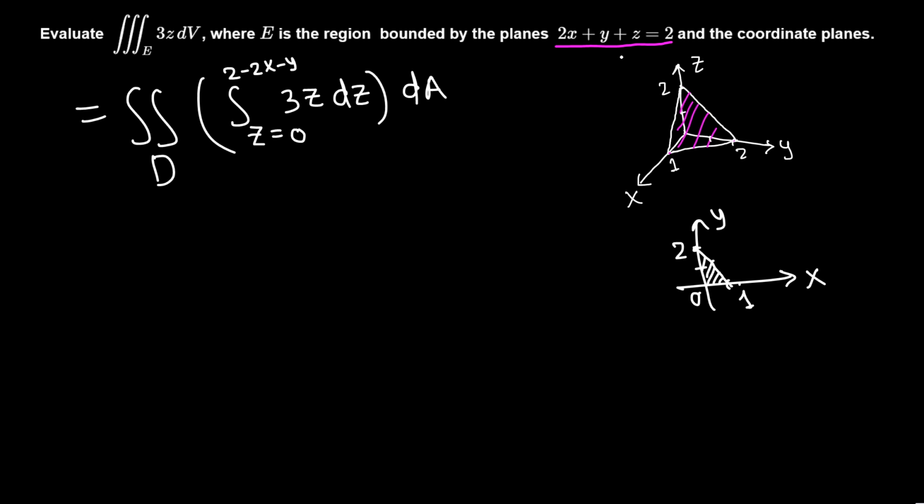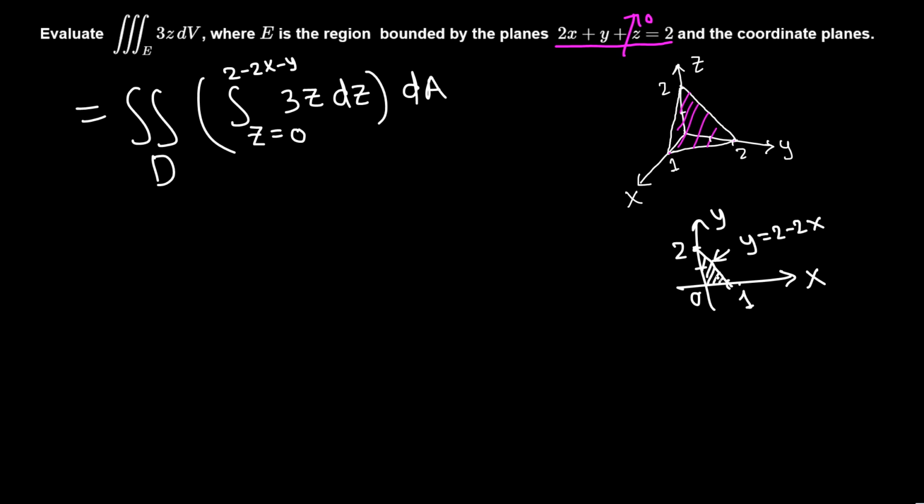Or if we go up and look at the plane, take z = 0 here, then what do we get? 2x + y = 2. That is the same as y = 2 minus 2x.